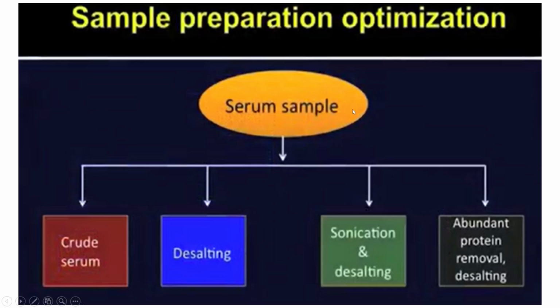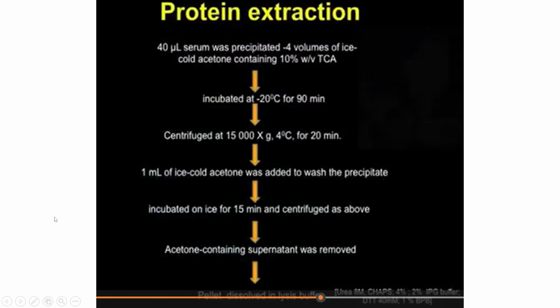Removal can be done by different methods. Once you have the serum sample, you can do analysis of the whole crude sample. You can do sonication and desalting. You can remove the abundant protein by desalting itself. So all these techniques can be done. So how can you extract proteins from the serum sample? You have the serum sample which you need to precipitate, and 4 volumes of cold acetone are added initially.